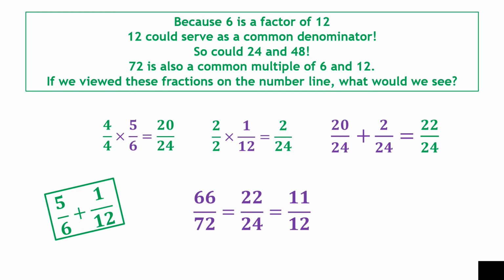They're all common multiples of 6 and 12. If we used different denominators and found what we thought might look like different answers, what would we see if we viewed them on the number line? Well, we'd see that they all occupy the same point on the number line because they are all equivalent fractions. They're all equivalent to 11/12.